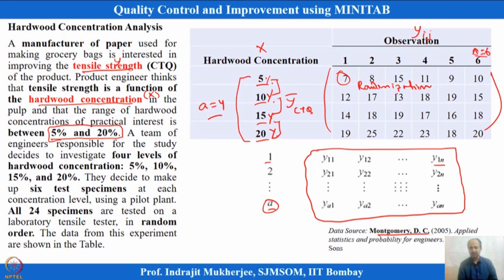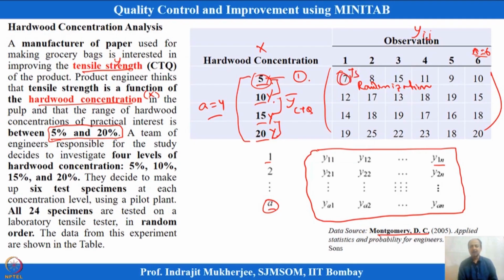What is randomization? At 5%, one sample will be taken arbitrarily and the 5% hardwood concentration will be checked. There are 6 specimens here. The first specimen will be taken, run at 5%, and the tensile strength observed; 7 was observed as the tensile strength.